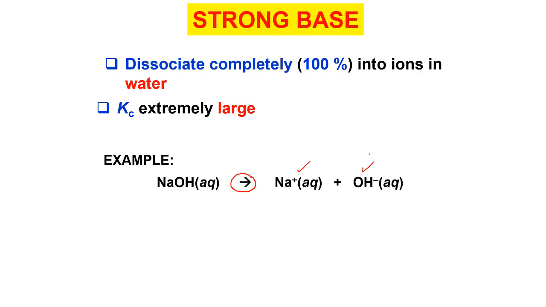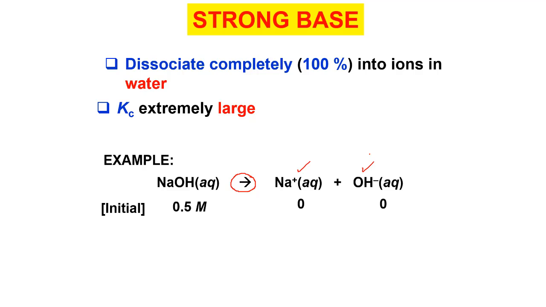Jadi, kita lihat pula perkaitan dia. Okay, kalau kita nak fahamkan konsep dissociation itu, let's say initially I have the concentration of sodium hydroxide is 0.5 molar. Alright, and initially sebelum dissociation berlaku, sodium ion and hydroxide ion have 0 molar concentration. Dia belum lagi berhasil sebab belum lagi mengalami dissociation.